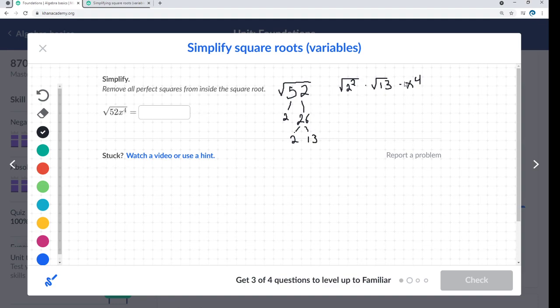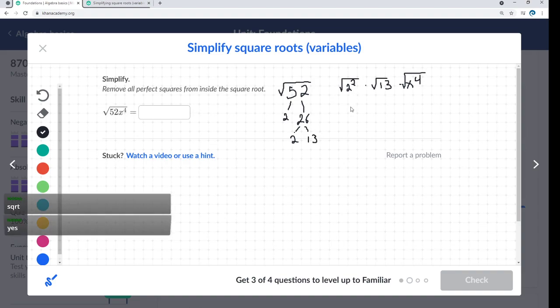Or the square root of x to the 4th. So 2 times 2 is 4, and then the square root of that is 2.